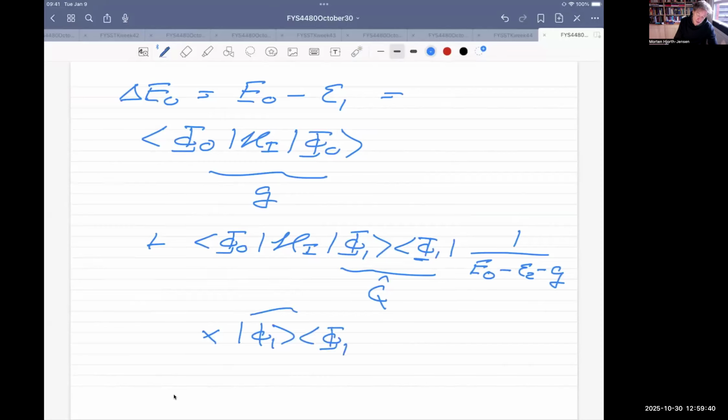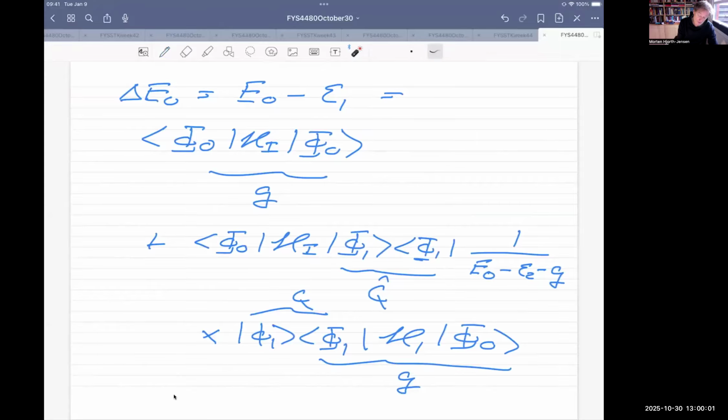So this is the new Q operator which we have, and this is then multiplied with h of I, and acting on the state phi 0. And we know that this one is just given by this constant g. So if I plug in all the expressions here, I will move this term to the other side. So let's do that before we take a small break.